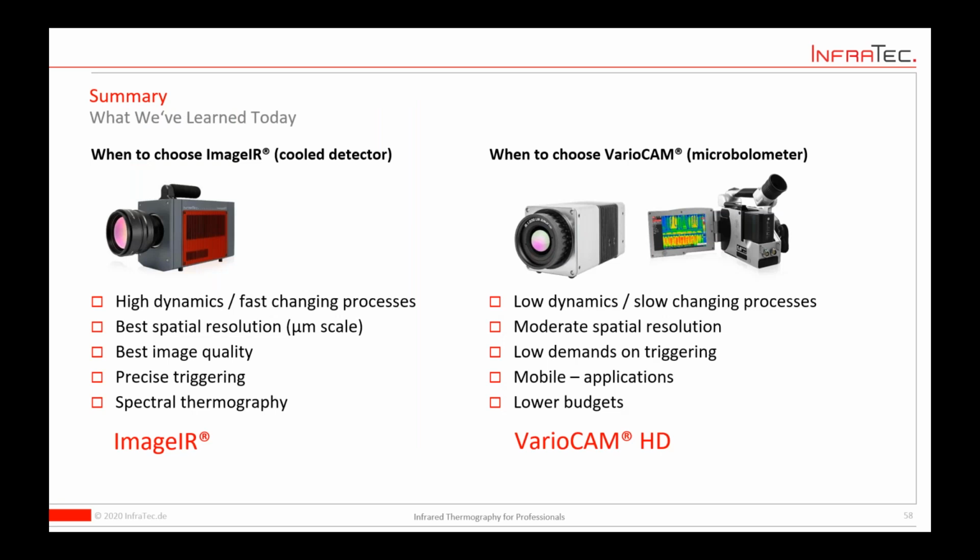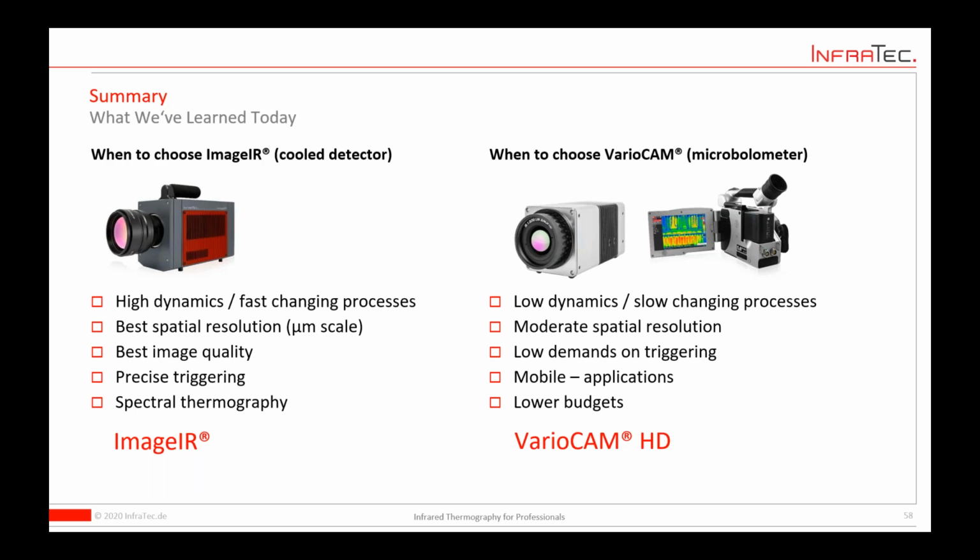So a summary of what I tried to present you today: there are two major technologies in the market, so-called cooled detector cameras, represented by our ImageIR series. They are well suited for high dynamic processes, fast changing processes.